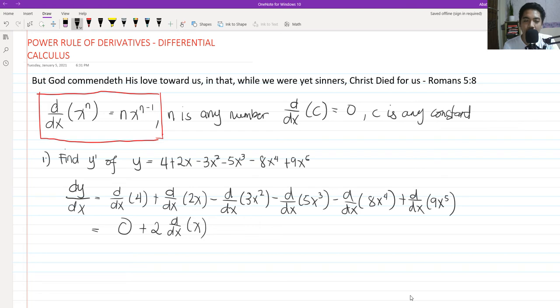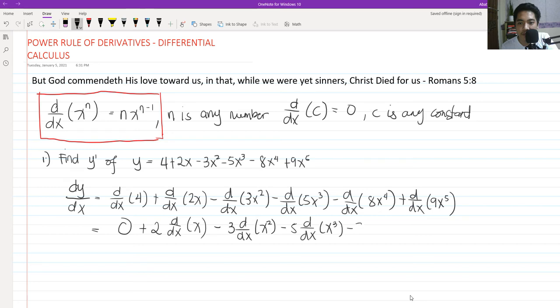Or we can simply get the derivative of this, but the derivative is still the same. If you skip this method, the derivative that you're going to get is still the same.